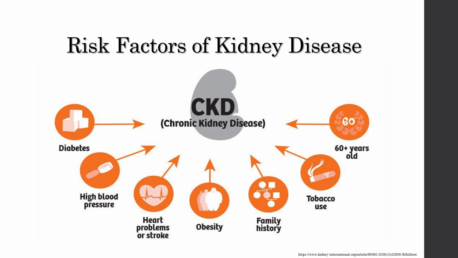It's a vicious cycle. Other important risk factors include cardiovascular disease and stroke, obesity, family history, tobacco use, and being simply over the age of 60. All of these contribute through vascular damage, chronic inflammation, and reduced perfusion. Okay? If you see diabetes and proteinuria, think glomerular damage.